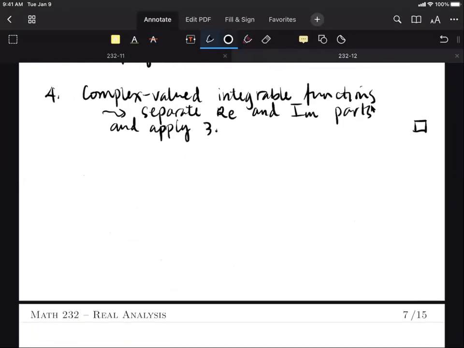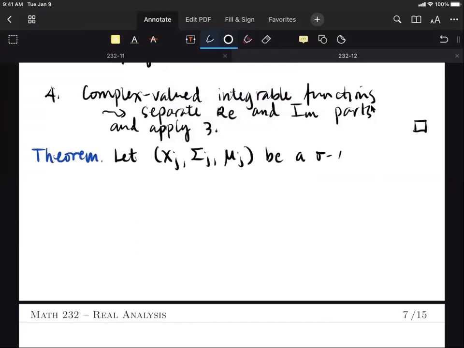Let us now extend this to several measure spaces. And of course, let us start with three measure spaces first. So let (X_j, sigma_j, mu_j) be a sigma finite measure space for j from 1 to 3.